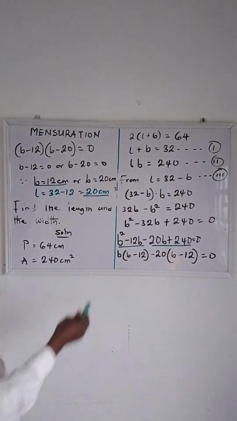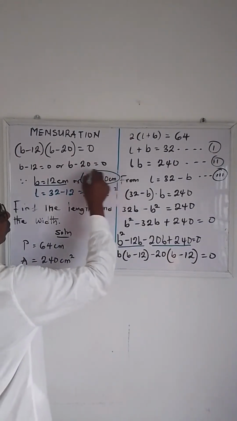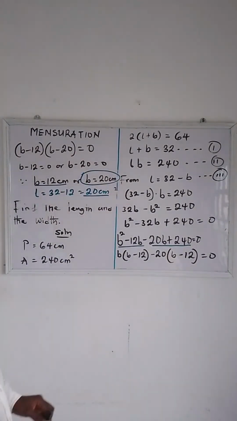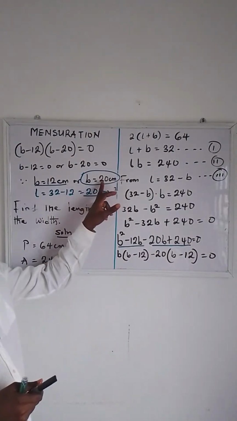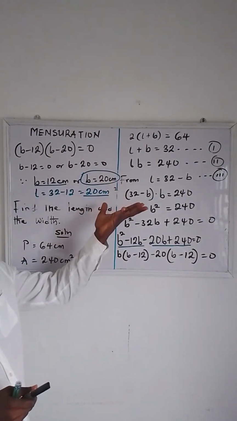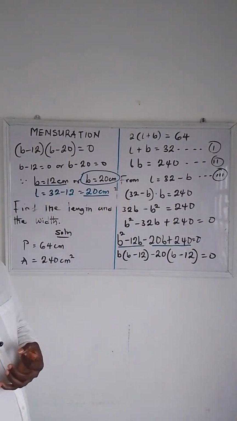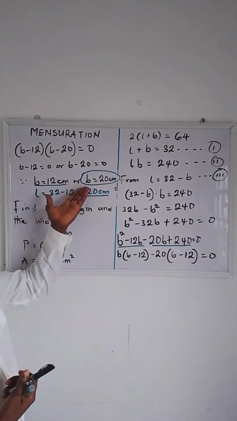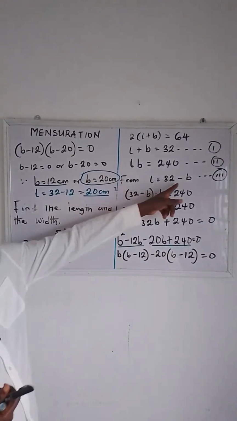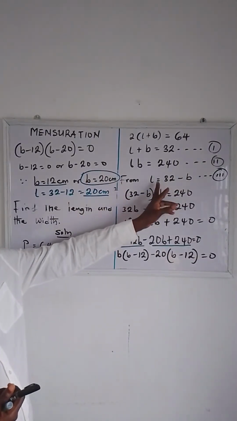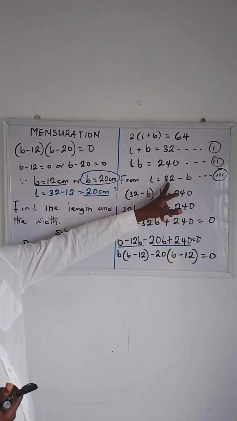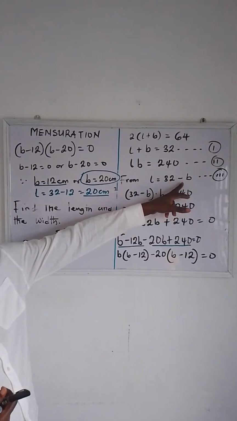Now let us look at this second case. This second case will not be valid, will not make sense. B cannot be 20 centimeter, and the reason is the breadth cannot be bigger than the length. If you plug in B into this equation, we have L equals 32 minus 20.